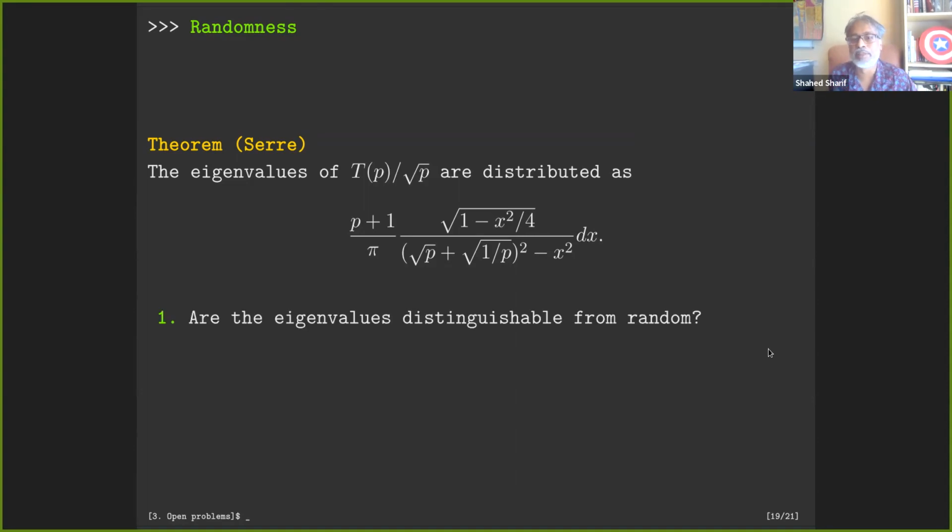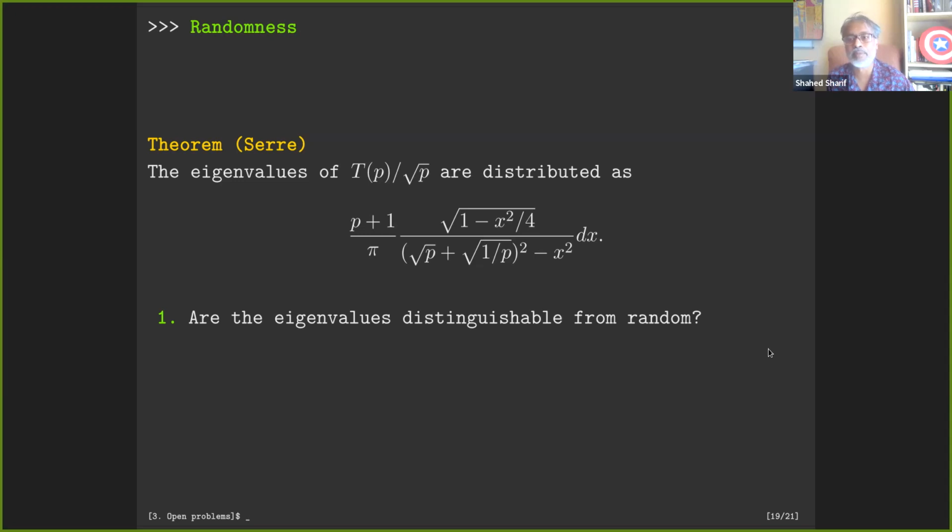We really would like those eigenvalues to act randomly. And so the question that we'd like to know the answer to is, are the eigenvalues actually indistinguishable? I wrote distinguishable here, but same question really. Are they distinguishable from random from a computational standpoint? You can think of this in the following more formal sense.